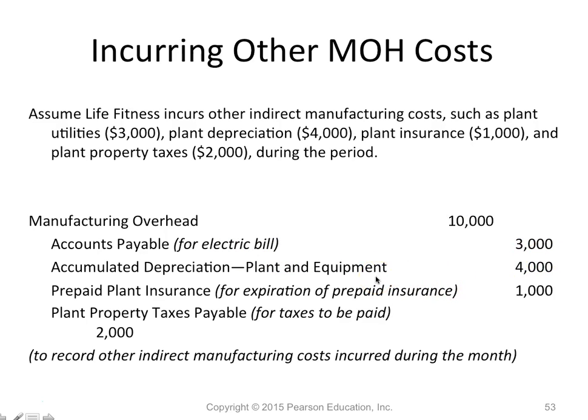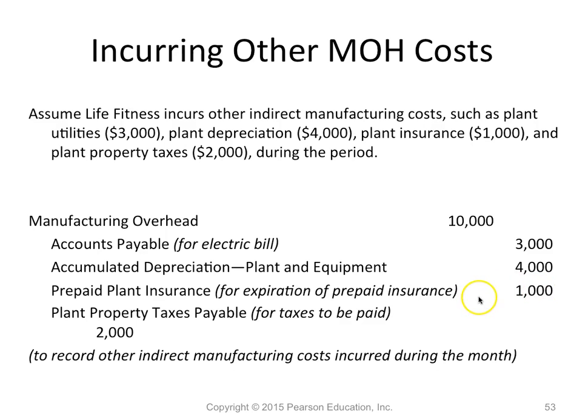Depreciation is a contra asset account, and it increases with a credit here. And prepaid insurance decreases by $1,000, because you're using the insurance anyway.